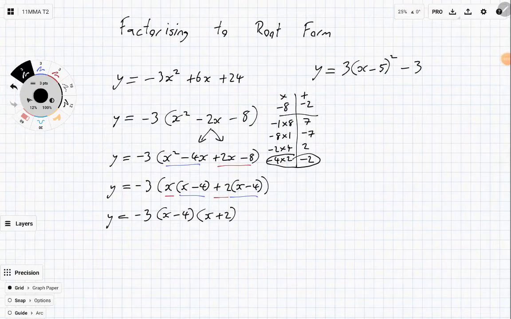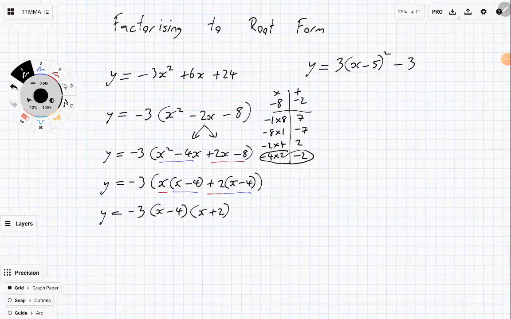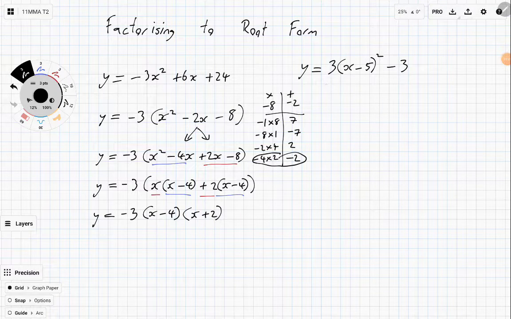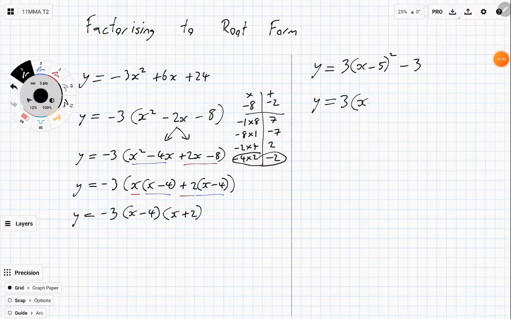So for the second one, if you've got it in turning point form, well, turning point's a little bit different. It's not written in general form, so you cannot factorize it simply. So instead what you do is you expand the bracket so it is in general form, and then you factorize it. So let's start off by expanding this out. So we get y equals 3 times (x minus 5) times (x minus 5), minus 3.